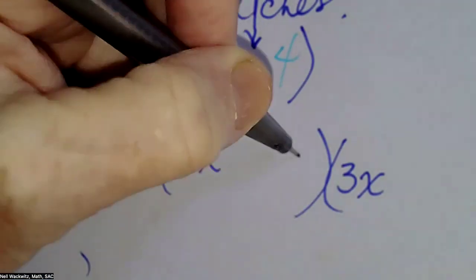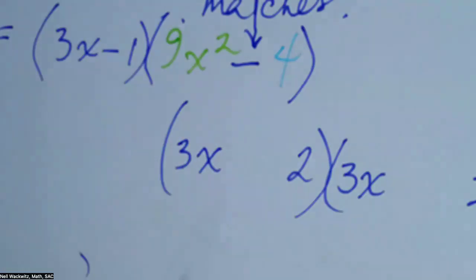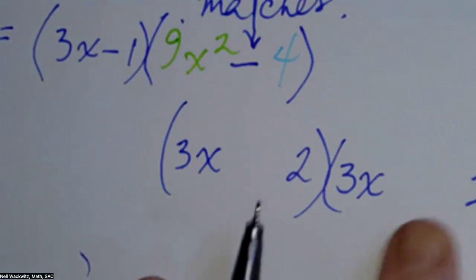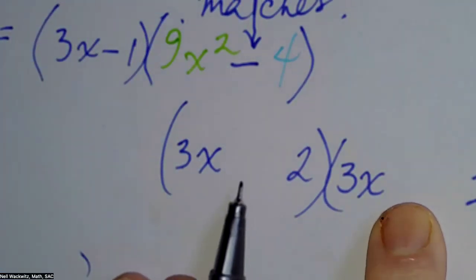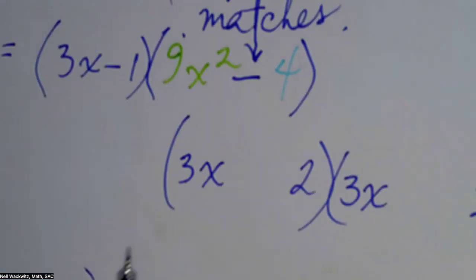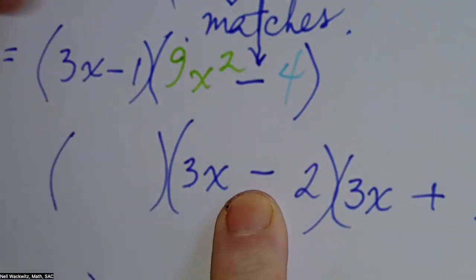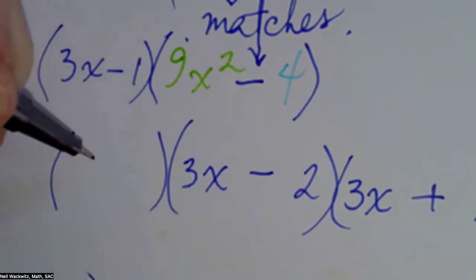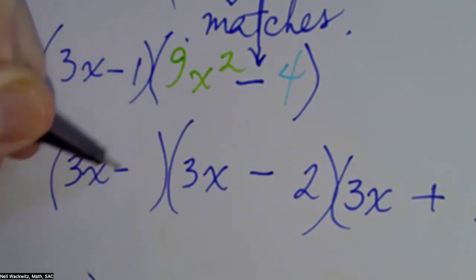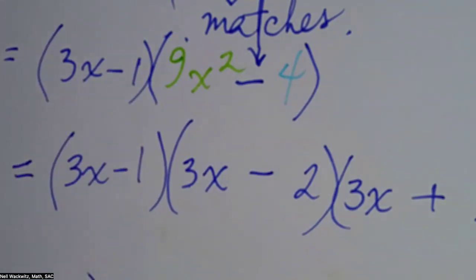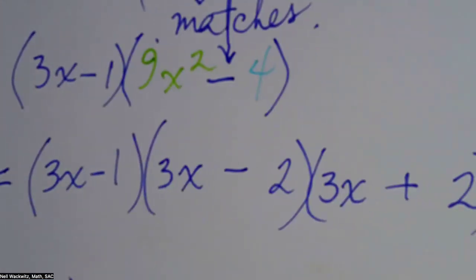I'll put 2 in the second position. And what do I put in the middle? Minus. Good. Does it matter whether I put a minus sign first or a plus sign first? No, it doesn't. That's right, as long as they're different. And now we're completely done. Yay.